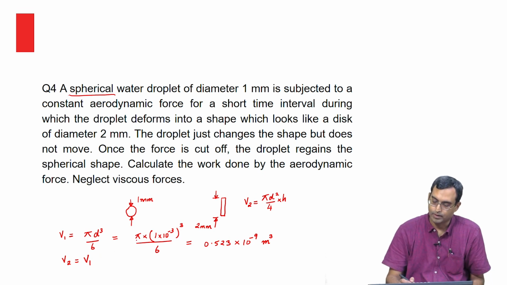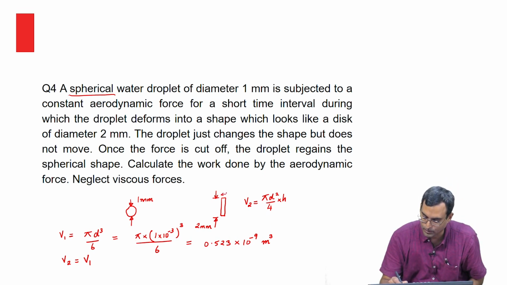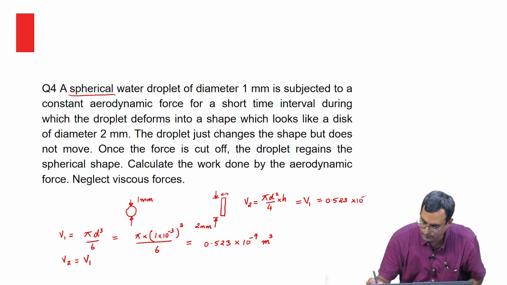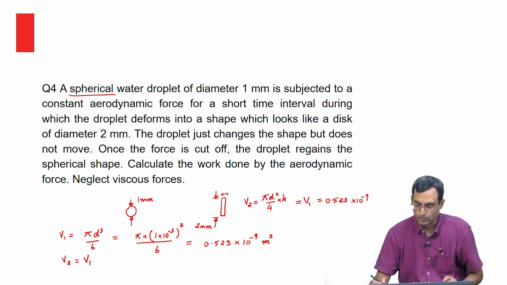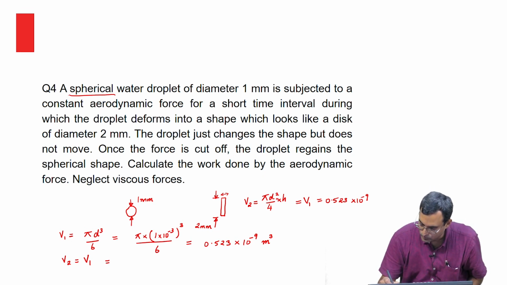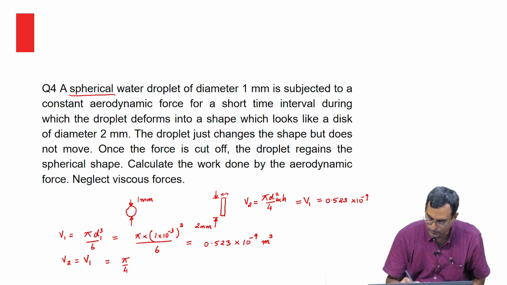But what I can also do is, I can find out the height of this disc in this direction, because I know this. So, writing this again here, the new diameter, this is D2, this is D1, the new diameter is 2 mm. So, which means pi by 4 into 2 into 10 power minus 3 square times height is equal to this value.